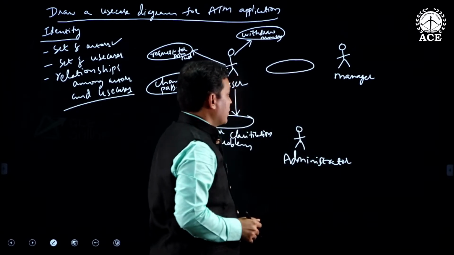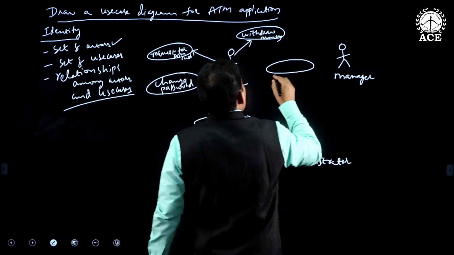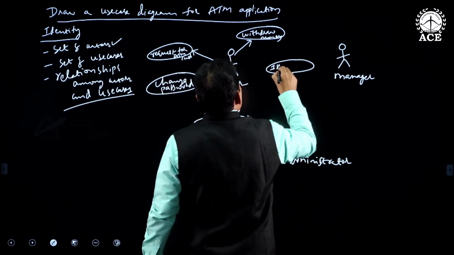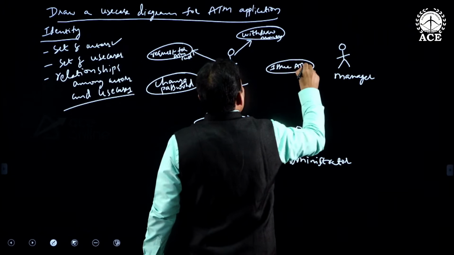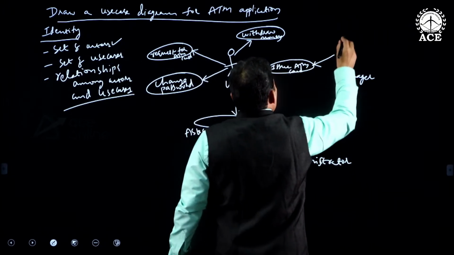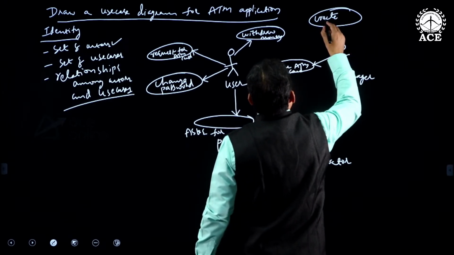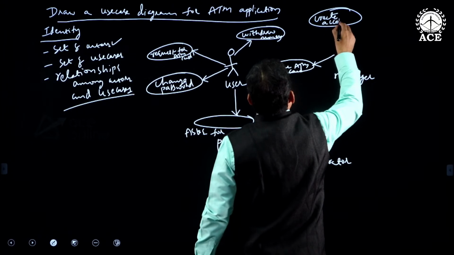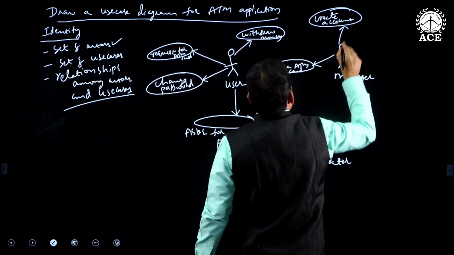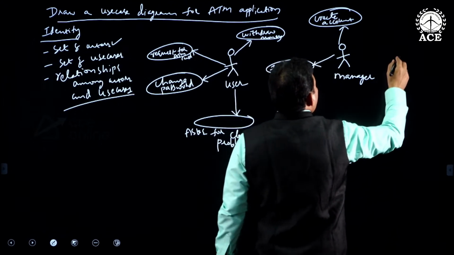The manager can perform issue ATM card, which can be issued by the manager. Create account: the manager can create accounts for new account holders, right? What are the other operations the manager can do here?